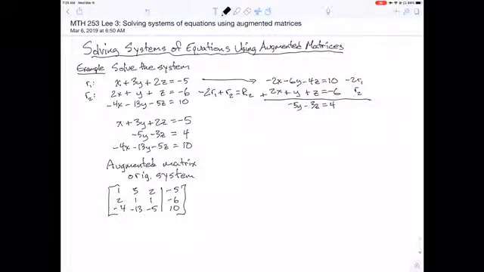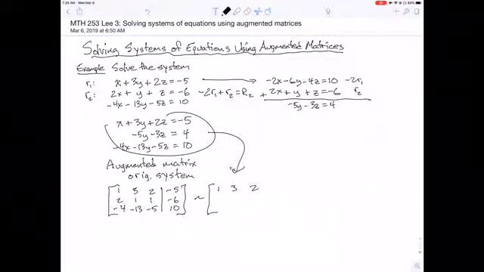And so what I've done in this very first step is I have shown that I have an equivalent system. The first row becomes 1, 3, 2, negative 5. So this is what I'm doing. I'm using the second version, 1, 3, 2, negative 5. 0, negative 5, negative 3, 4.